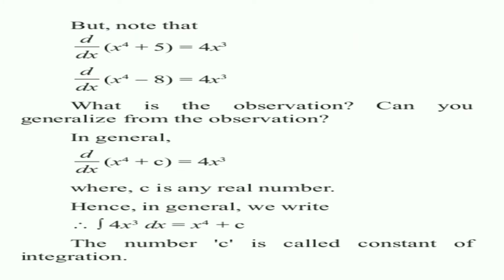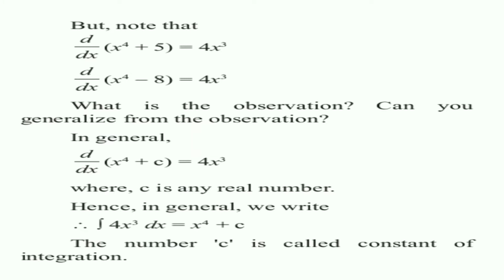But note that the derivative of x raised to 4 plus 5 equals 4 into x cube. The derivative of x raised to 4 minus 8 equals 4x cube. What is the observation? Can you generalize from the observation? Here we can say that 5 and 8 are constants and the derivative of a constant is 0.